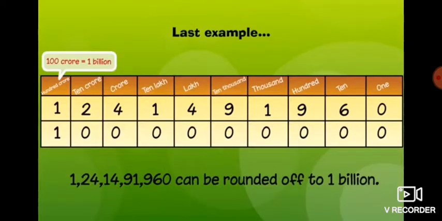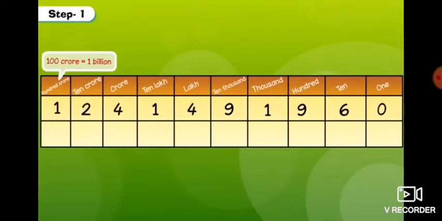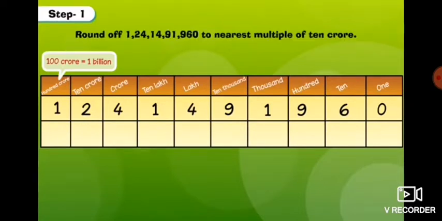That's because the number was rounded off to its nearest multiple of 10 crores and not a billion, as we did in the last example. Let's do the same. Step 1. Look at the multiple the number needs to be rounded off to. Step 2. Underline the digit in the crores place.